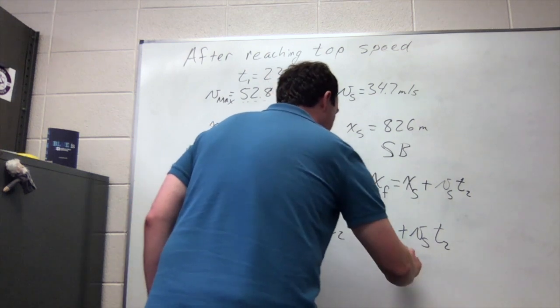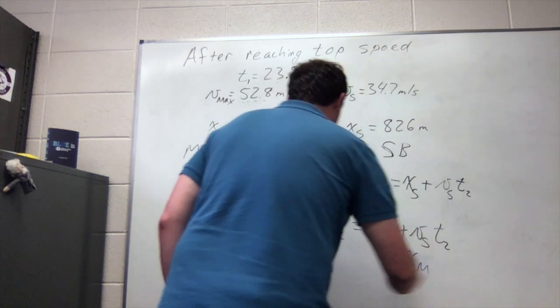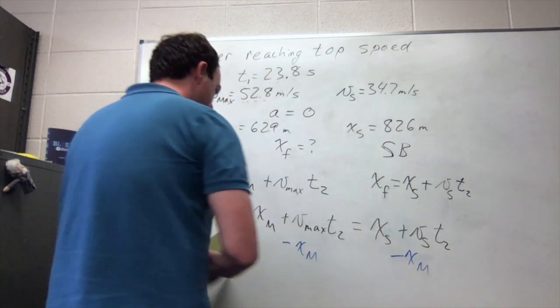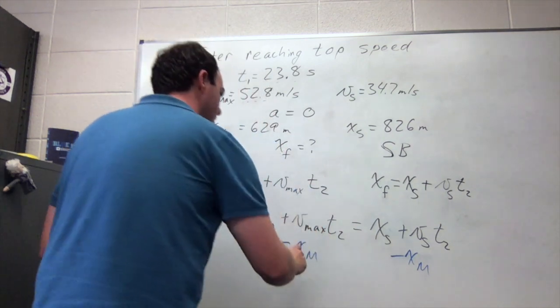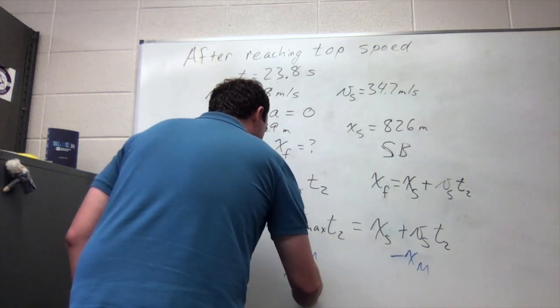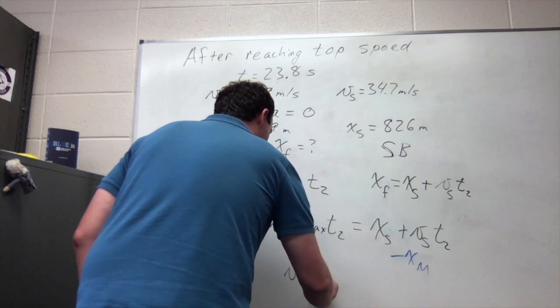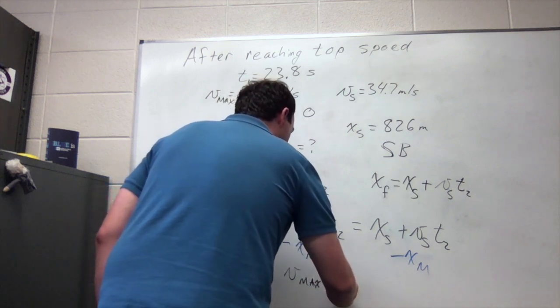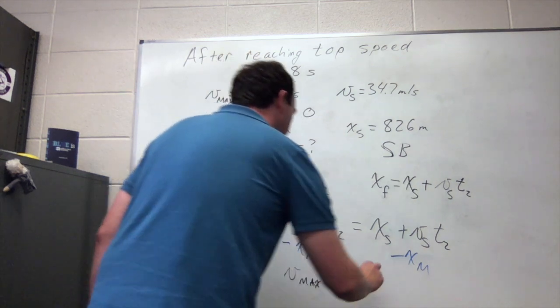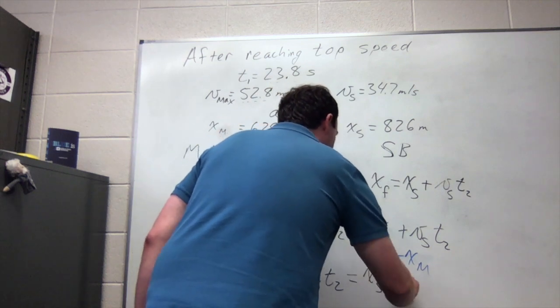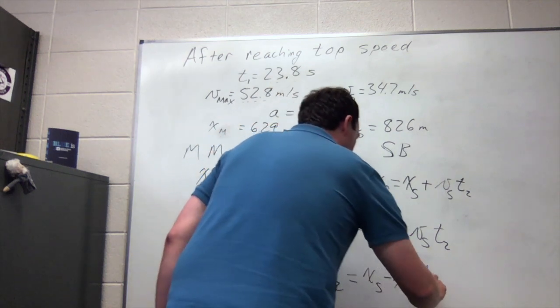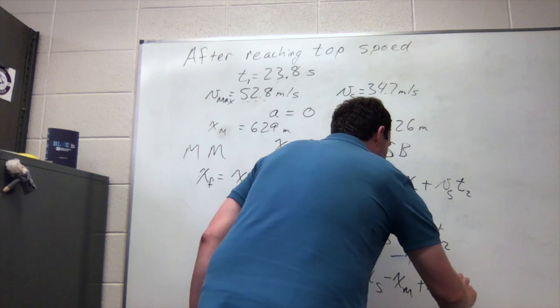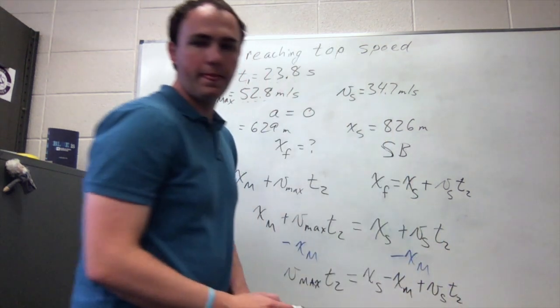I will also subtract X sub M. So now I have V max T2 is equal to XS minus XM plus Vs T2.